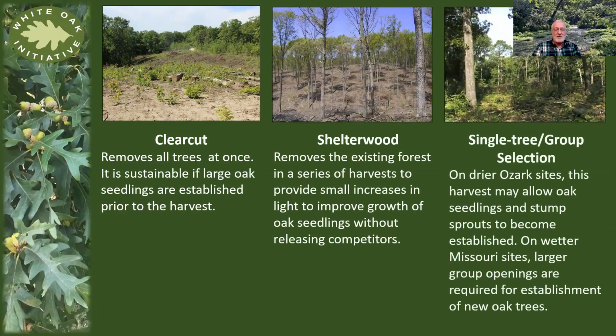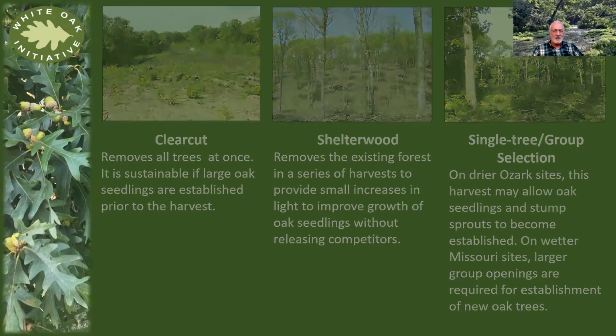And here in the Ozarks, actually in Missouri, we can get by with something called single tree and group selection, just because we have drier Ozark sites and we have stump sprouts. On wetter Missouri sites, larger group openings might be required again. So something in that more uneven-aged management. But these are some of the practices that can be implemented.